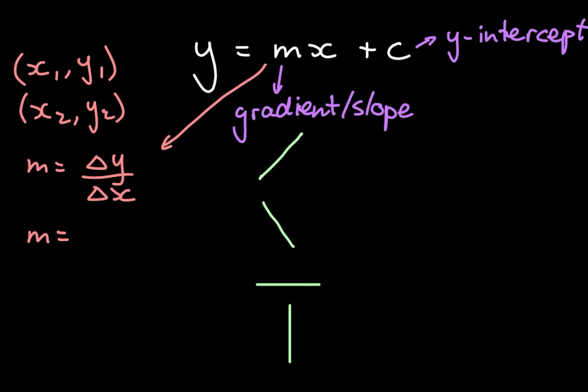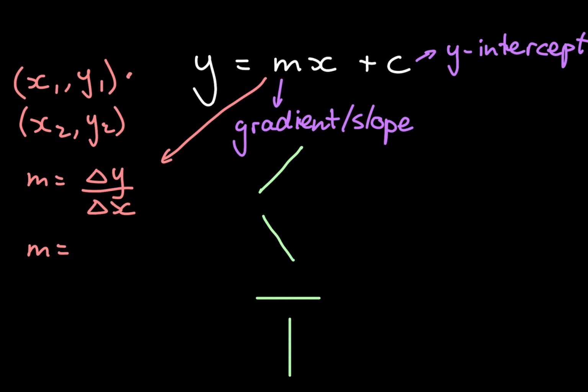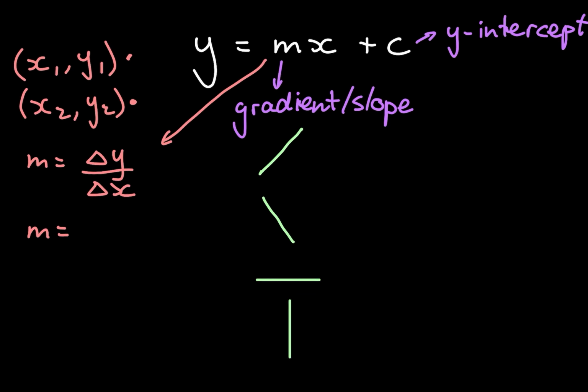Now, your gradient is just the change in these points. So to get from this point to this point, we say y2 minus y1 over x2 minus x1. And that gives us the gradient.